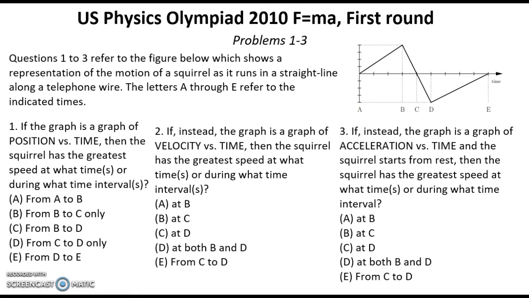And problem number 3. If instead the graph is a graph of acceleration versus time and the squirrel starts from rest, then the squirrel has the greatest speed at what times or during what time interval? So when we have acceleration versus time, the speed could be found by integrating, the area on the graph.